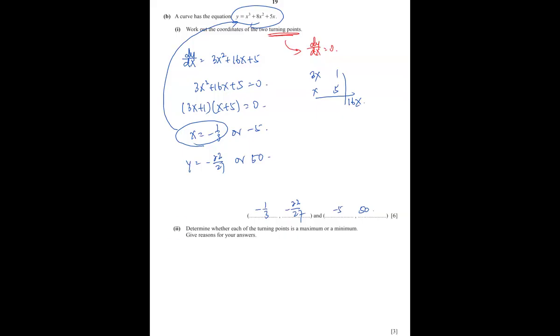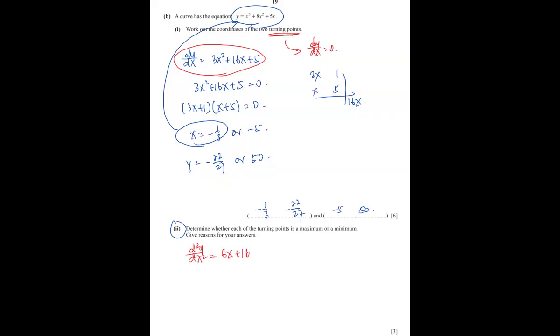Okay, this one really, I don't think it's in your current extended syllabus, but the fastest way to check if these are your turning points, maximum or minimum, is to use the second derivative test. The second derivative test is basically just differentiating this expression again. So the second derivative is 6x plus 16.